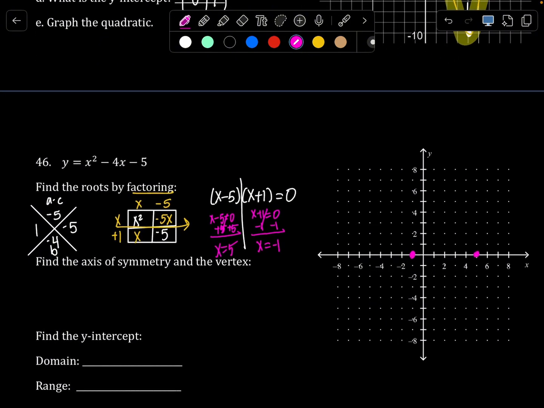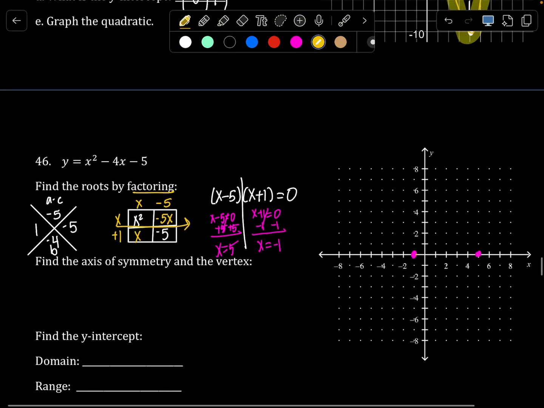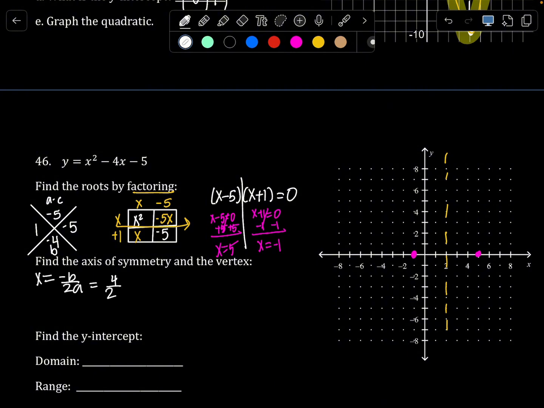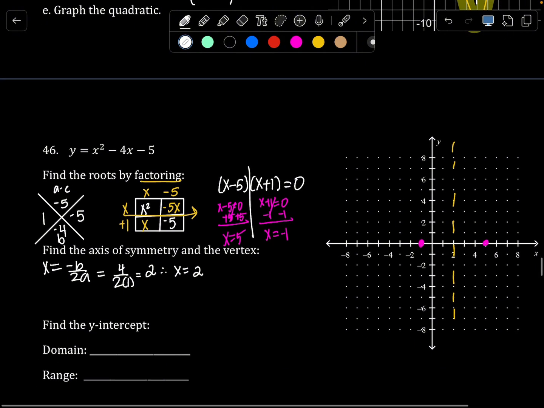You gotta find the axis of symmetry somehow. I always count 1, 2, 3, 1, 2, 3. It's x equals 2. But you could also use the formula. And did you guys substitute to find the y?